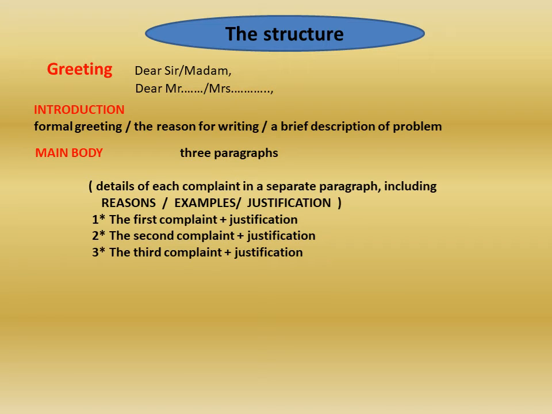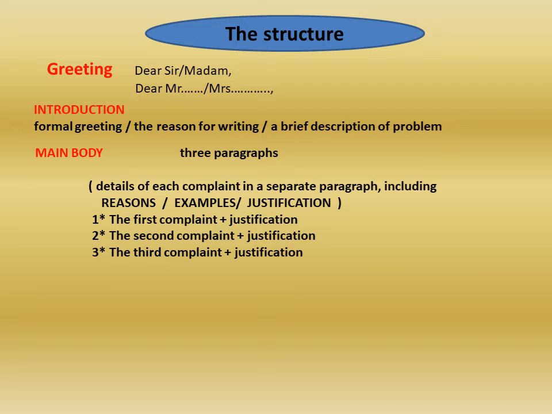The main body paragraphs should include from 2 to 3 paragraphs. What will these paragraphs talk about? Our paragraphs will talk about details of each complaint in a separate paragraph, including reason, examples, and justification.